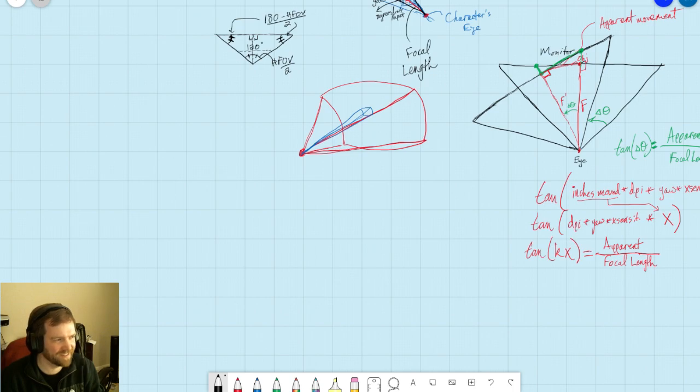All right, what do we got? Whether or not you're zoomed in, you'd turn exactly the same amount. That would be insane.